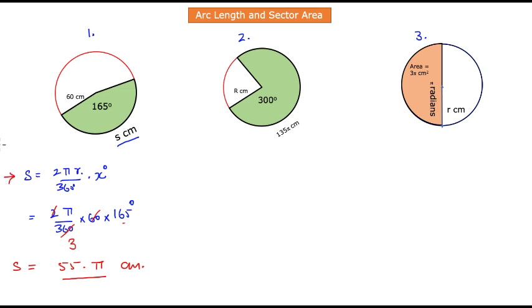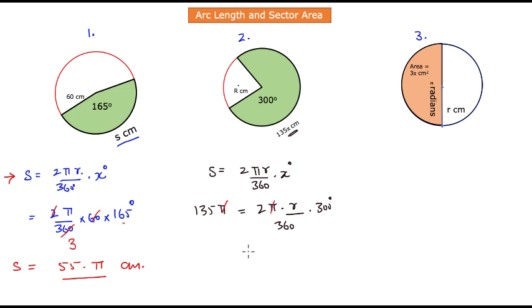Take a look at the second problem. We have that arc length is equal to 2 pi r divided by 360 times x in degrees. We have everything except the radius. So let's substitute: 135 pi, which is coming from here, is equal to 2 pi times r divided by 360, of course, times x, which is 300 degrees. Let's get rid of the common factors.